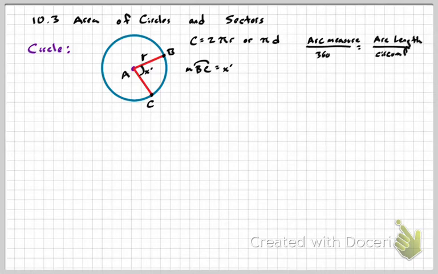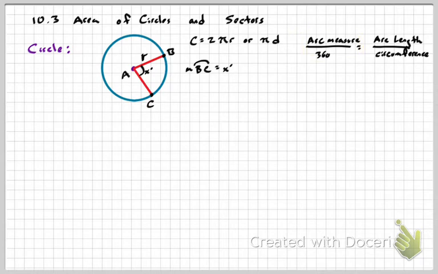Then, when we were talking about arc length, the actual distance from B to C, not the measure, but the distance, it was the arc measure over 360 equals arc length over circumference. And the reason this formula works, remember, is each ratio is the same percentage of the entire circle.